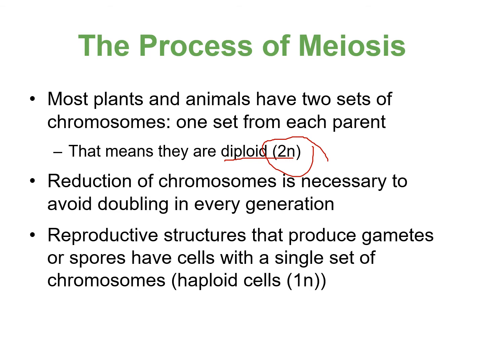Reproductive structures that produce gametes or spores have cells with a single set of chromosomes, and these are going to be our haploid cells, or our 1N cells. So again, if you're not familiar with the differences between haploid cells and diploid cells, I've explained it here, but also go back to Chapter 10 and review the differences.